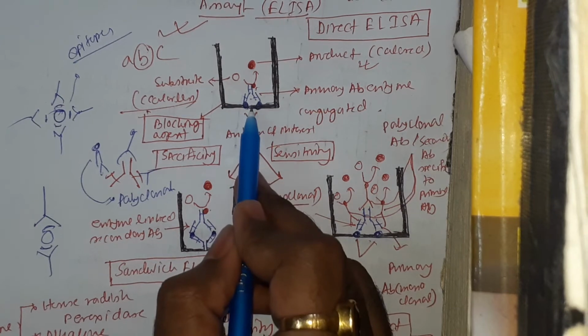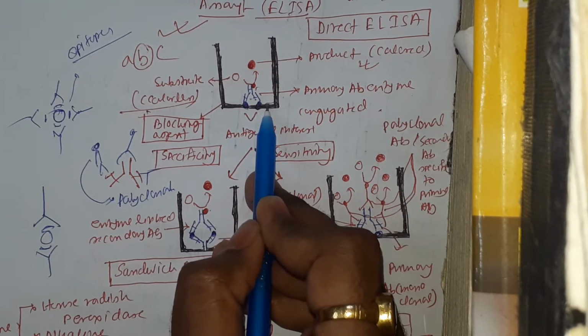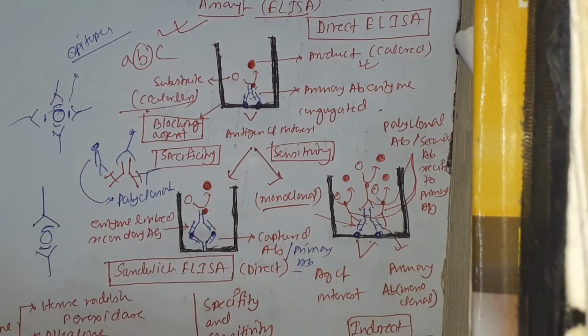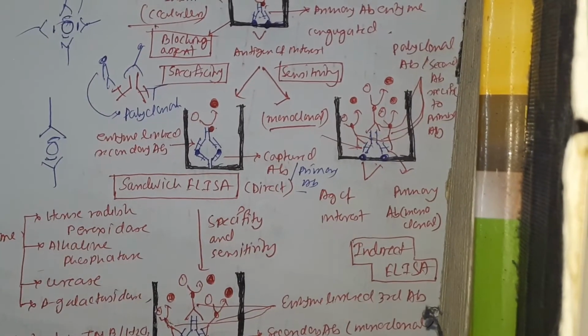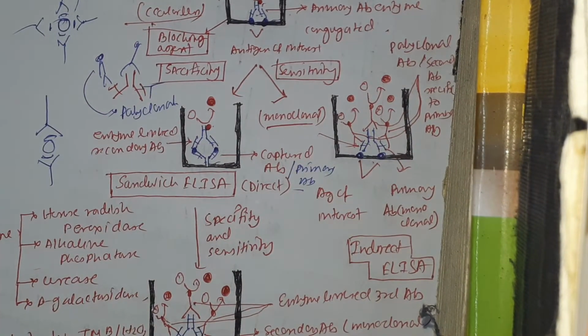That is lacking in the case of our direct ELISA. As I have told you, if an antibody is conjugated with enzyme, it finds it difficult to interact specifically with the antigen of interest, right? Or you can say the affinity of the antigen-antibody reaction will be weaker if the antibody is conjugated with enzyme.